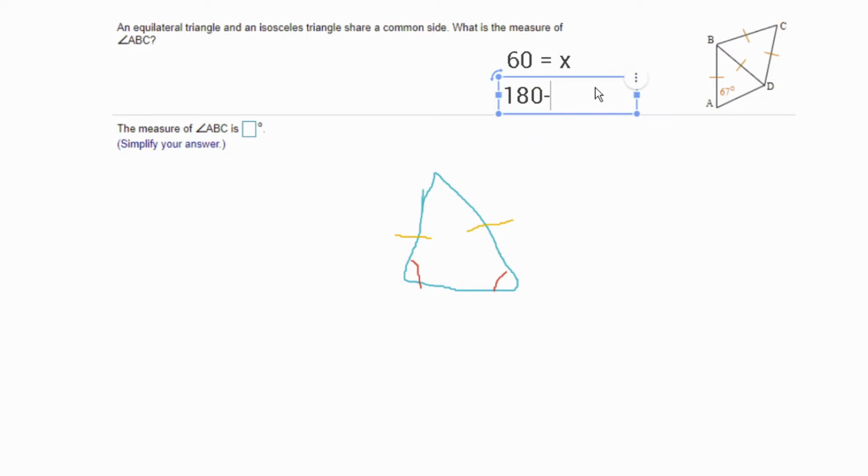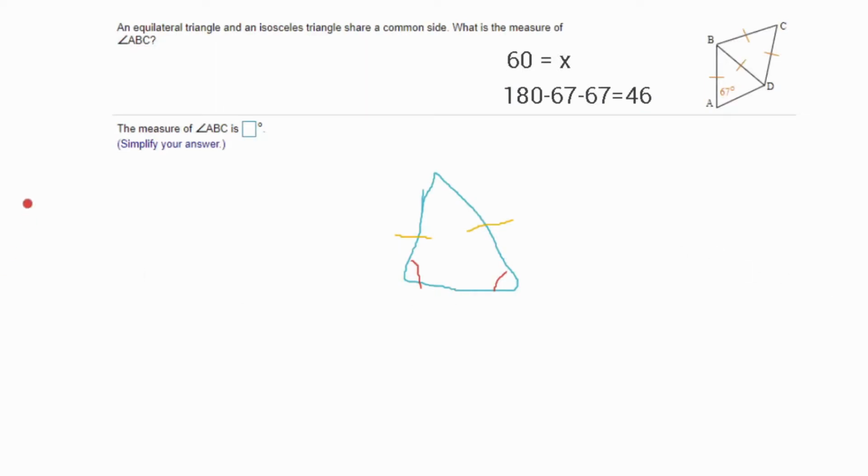So we're just trying to solve for the remaining angle, and if we know those two are 67 and 67, then we can confidently say that this angle B right here on this isosceles triangle is 46 degrees. So this is 46.